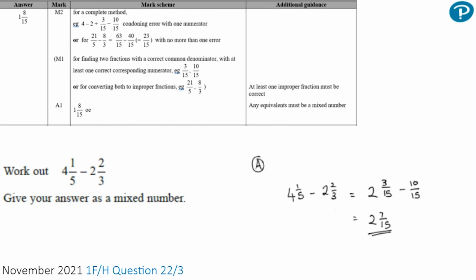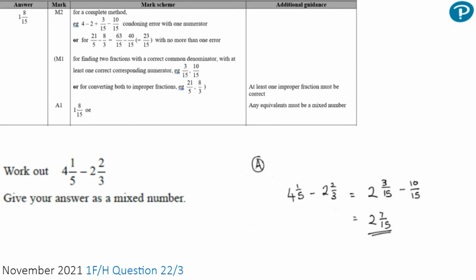It's interesting, you could talk about this for hours, about the methods, whether or not you would always teach students to change to a top-heavy fraction, or whether you would get them to take away the whole numbers first. And it's quite an interesting discussion to be had about methods.